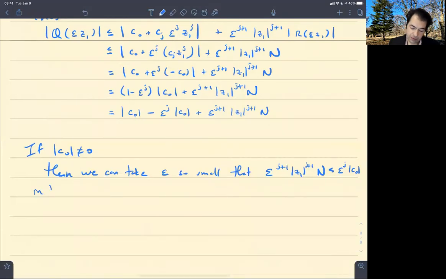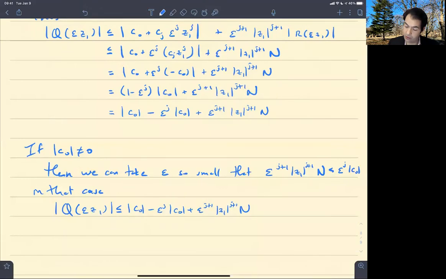In that case, this expression for the modulus of Q of epsilon C1 shows that it's less than or equal to mod C0 minus epsilon to the j mod C0 plus epsilon to the j plus 1 mod C1 to the j plus 1 N, but by this assumption that's strictly less than mod C0, which is equal to the modulus of Q of 0, which is a contradiction.